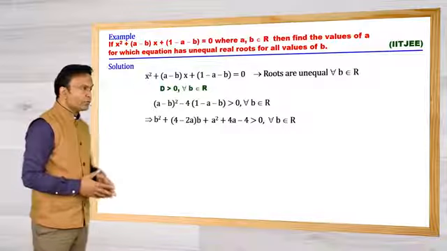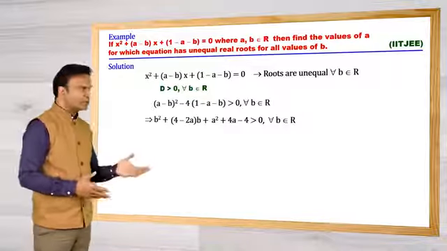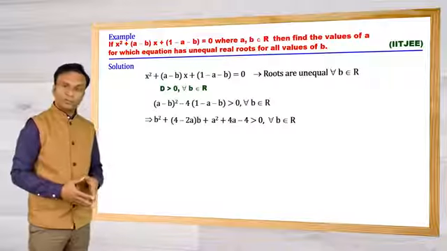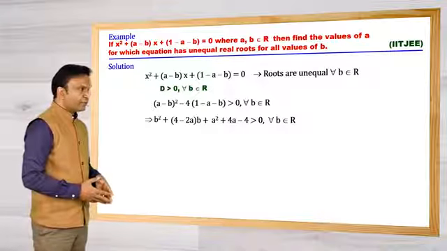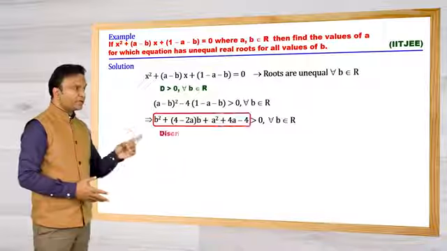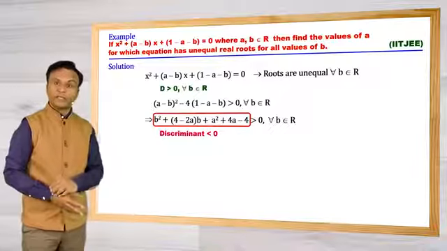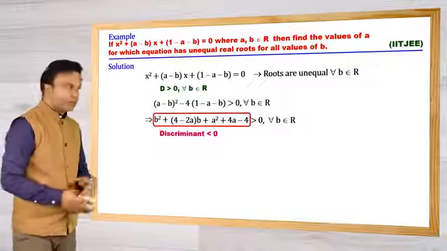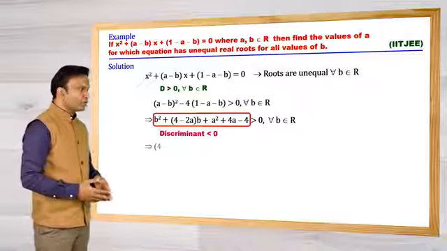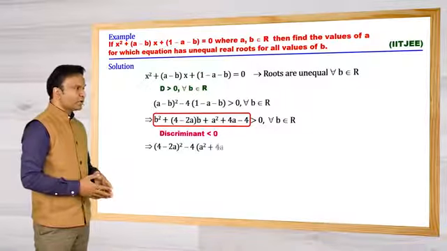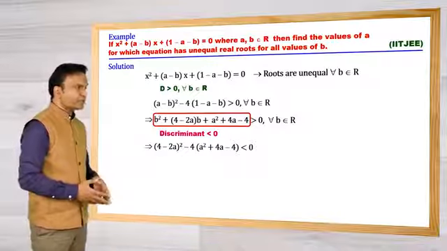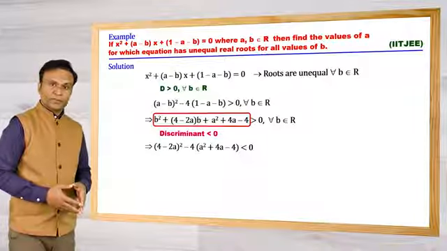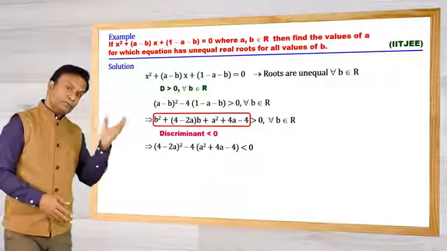We must have the coefficient of b square positive. Here it is 1, which is positive. So this condition is already fulfilled. Further, the discriminant of this quadratic function in b must be less than 0. So we have (4 minus 2a) whole square minus 4 times (a square plus 4a minus 4) less than 0. Here we have the discriminant of the discriminant.